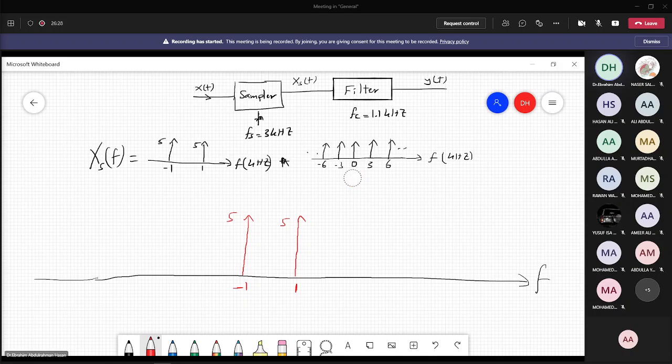Then convolution with a 3. With a 3, it means that we move this one to 3. The middle will be at 3. Move it to 3. Then this one will be at 1 plus 3, so it will be at 4.